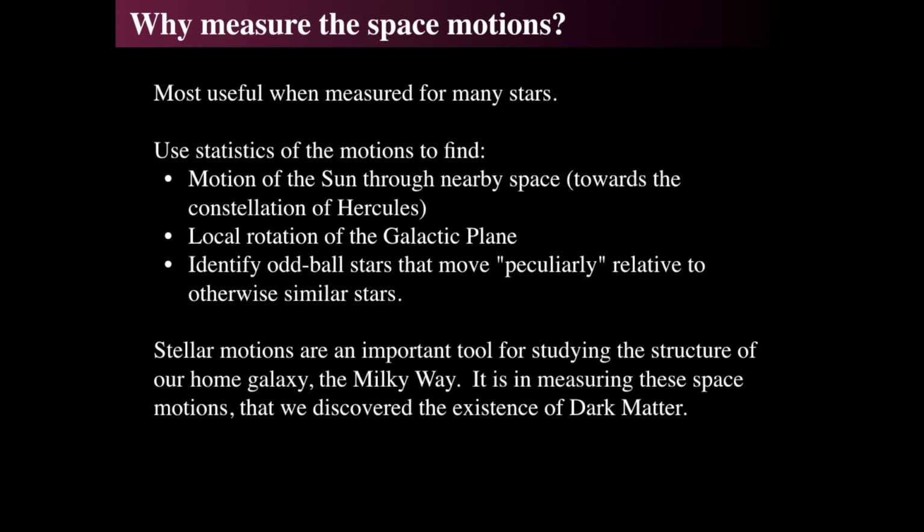And we find that, in general, everybody's kind of moving in a plane around the galaxy. And so the galactic plane can be measured by looking at space motions as we go around the galaxy. And that can actually tell us how fast we're moving around the galaxy, as well as everything in the sky around us.